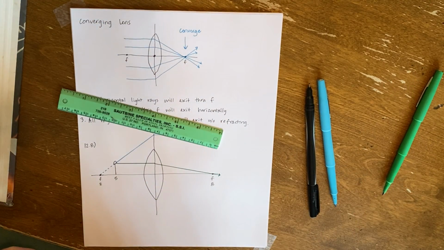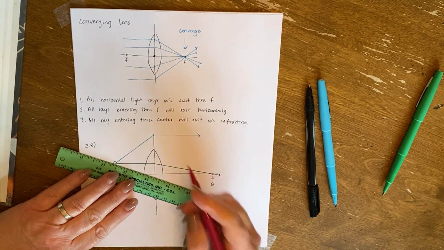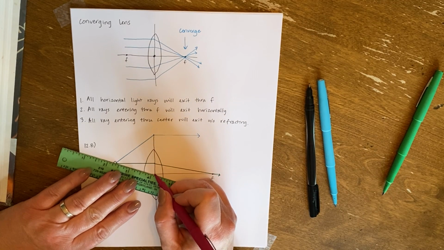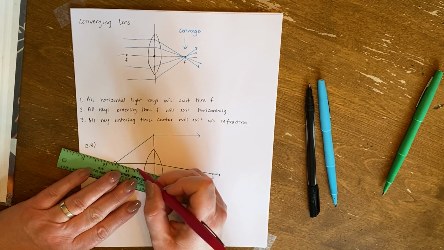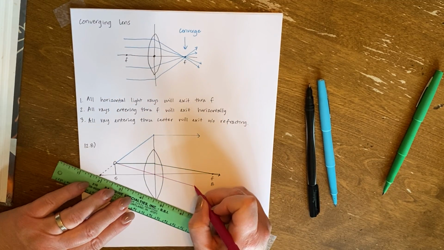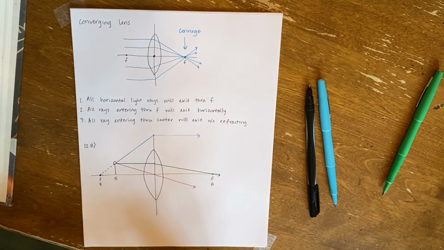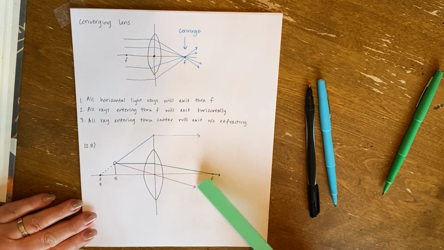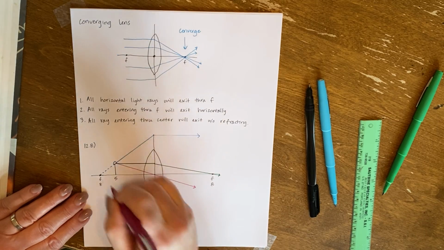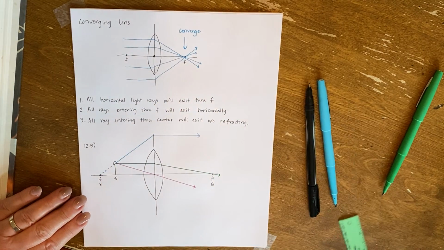And then finally, if it goes through the center point from the same set of eyes on the person, it's not going to refract at all. It is just going to go straight. Okay, and it's pretty clear to see that these 3 refracted lines are not going to intersect. So then we extrapolate them backwards.